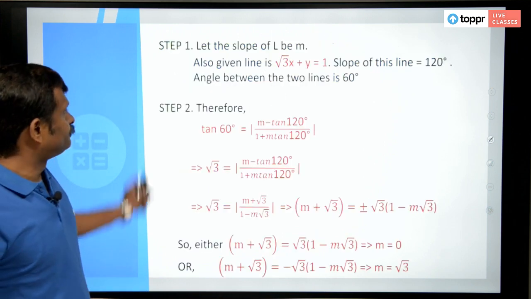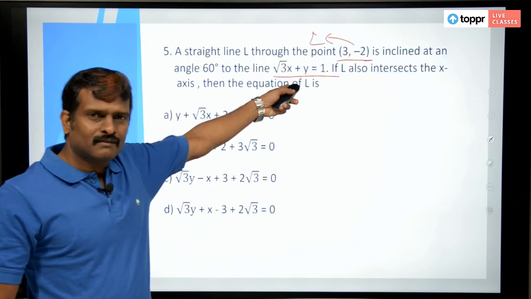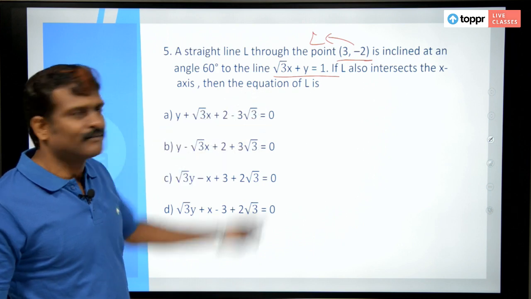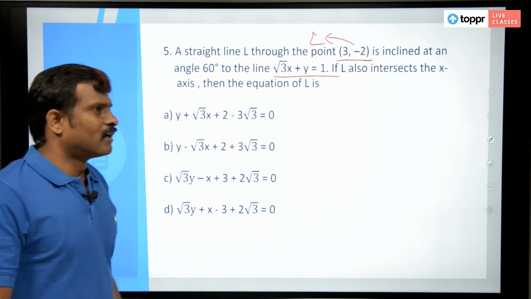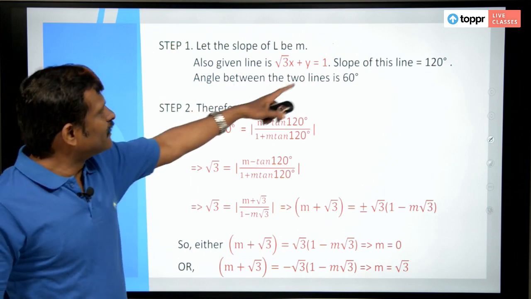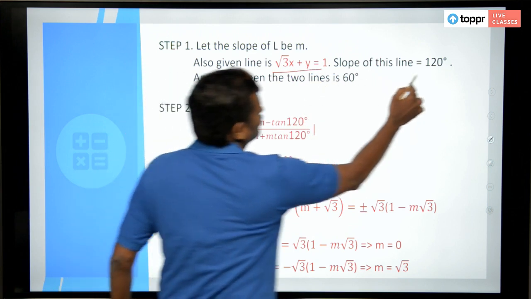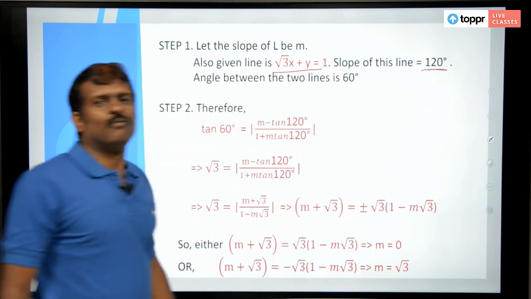Let us see. So, this is the equation given to us. What will be the slope of this one? Minus 1 by root 3, and that is tan 120 degrees. So, the angle is 120 degrees there. So, this is the equation given and its angle is given by tan 120.